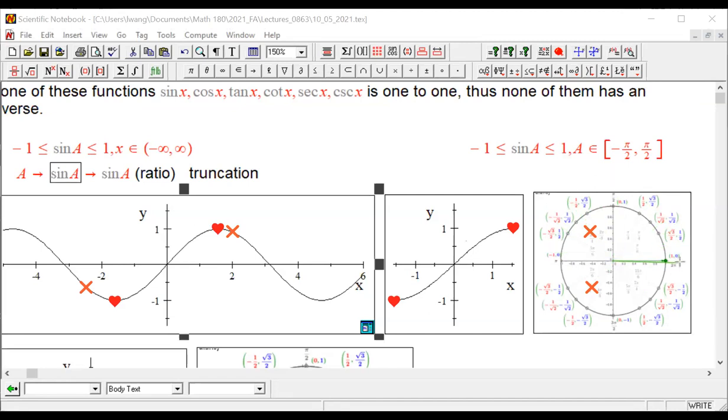Can we do that anymore? No. Because if you go around, you're going to go beyond pi over 2. If you measure clockwise, if you go around, you're going to get over negative pi over 2. So you cannot go around and round. So you can only measure either this way or that way.